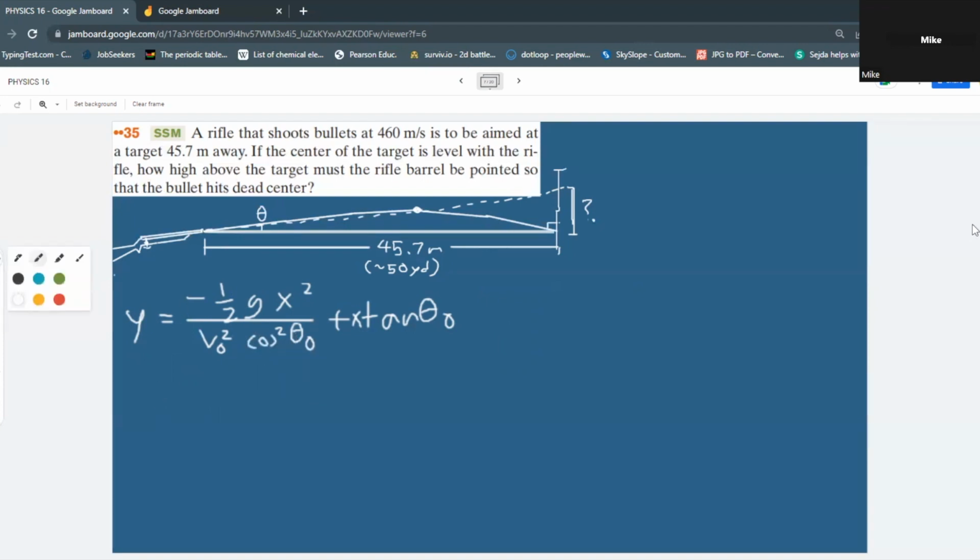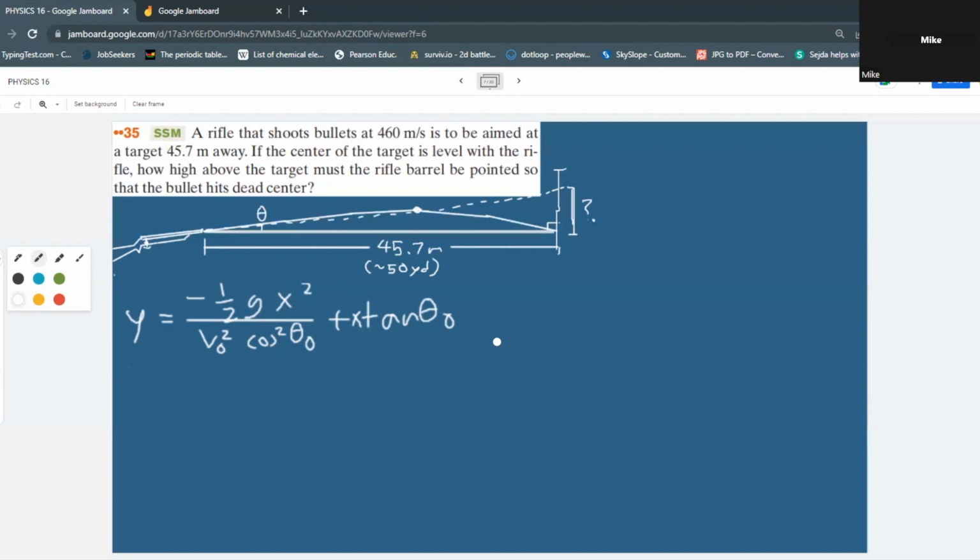For the specific problem, y is 0 when x is d, where our d is 45.7. So don't substitute yet. There's a reason I want you to work in terms of variables first.